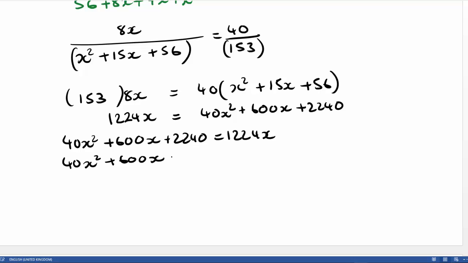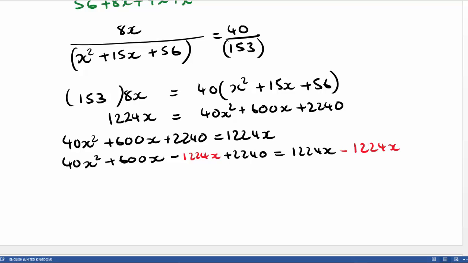Okay, I'm going to subtract. I'll put it in different color. You can see. I'm going to subtract 1224x from this side. Okay, plus, let's fill that back in, is equal to 1224x subtract 1224x.